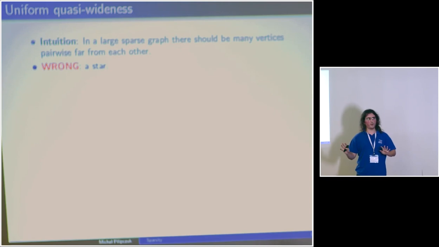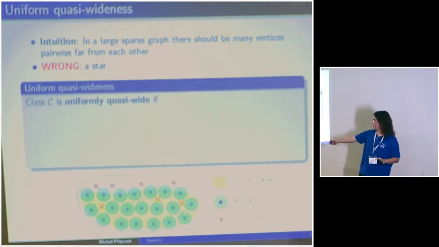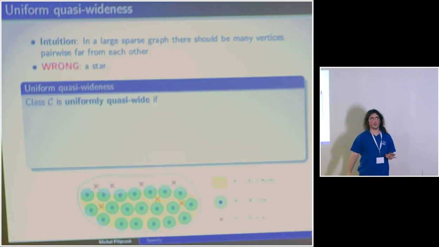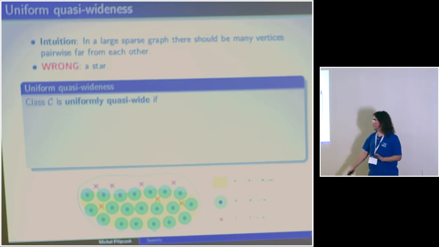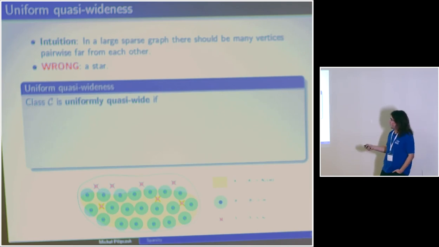So I will be able to find many vertices that are far from each other, apart from the fact that I will remove some bounded number of vertices. This definition will be sort of convoluted, but let me go through it slowly. Whenever I've got a large graph and a large subset of its vertices, I will be able to find many vertices inside that are far apart from each other, apart from the fact that I will need to delete some small number of hubs.